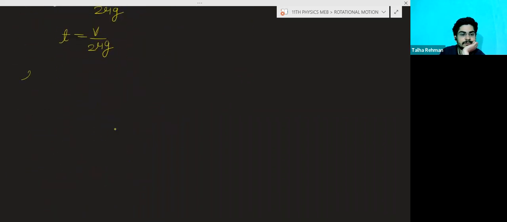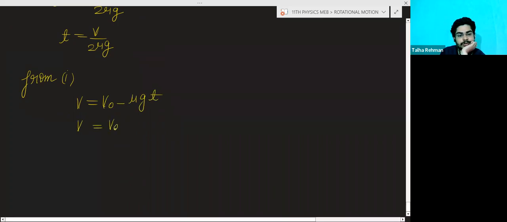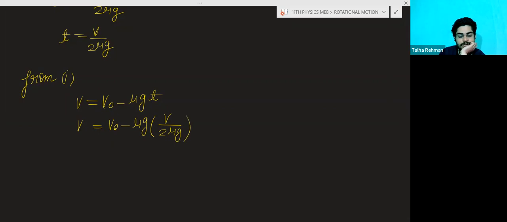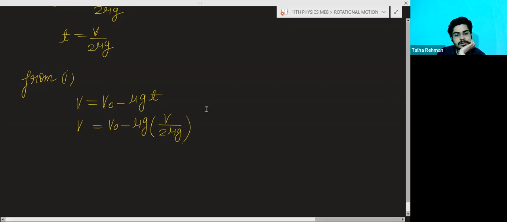So from equation 1, v is equal to v naught minus mu G into t, so v is equal to v naught minus mu G into V divided by 2 mu G. Now you can see this mu G and mu G will be cancelled out.